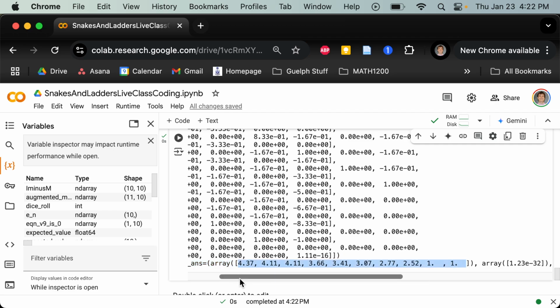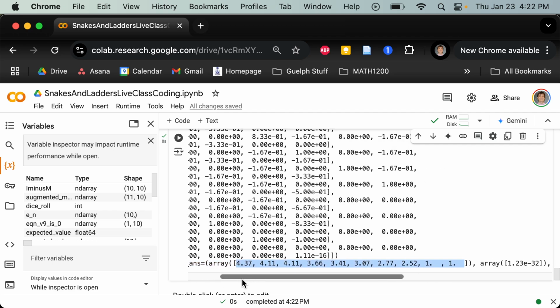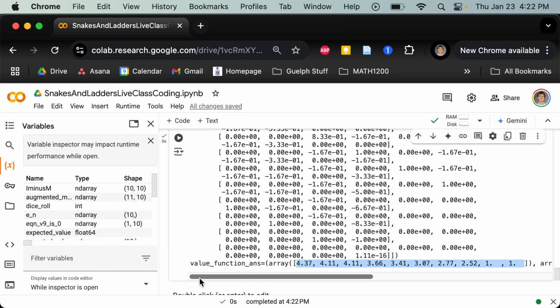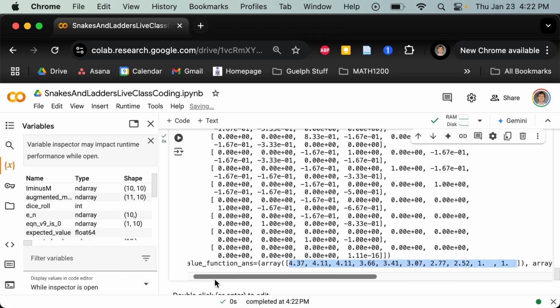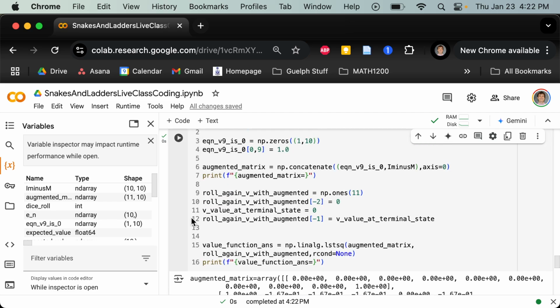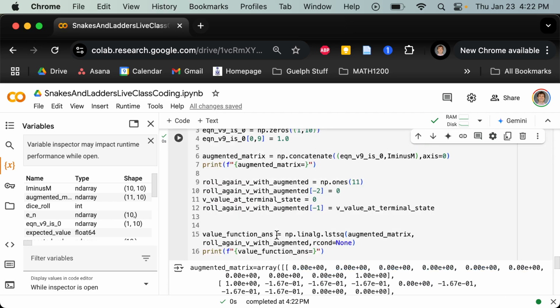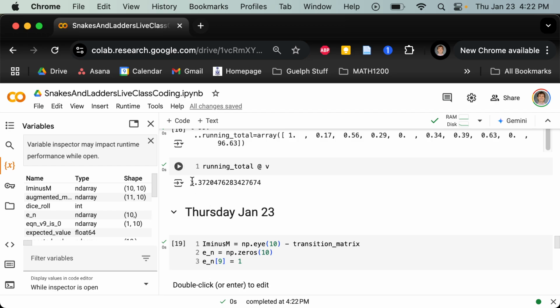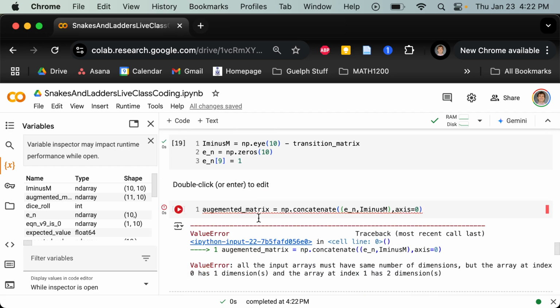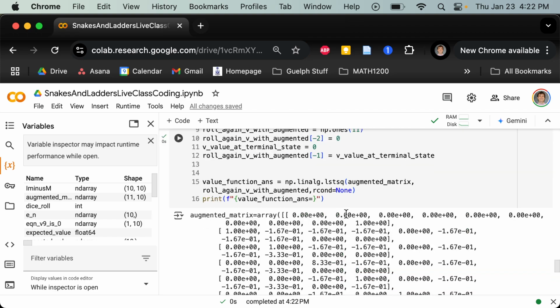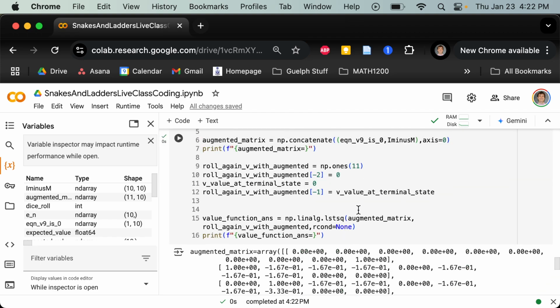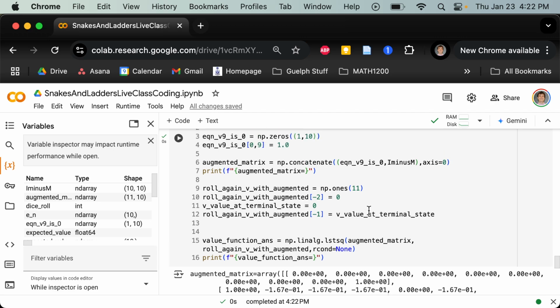It's a vector of the size that we want, and it should tell you the number of steps until you reach the end. One thing that's bothering me is it's off by 1. This is 4.37. The answer we were looking for was 3.37, so I must have done something silly where I'm adding 1. I can't figure out what that is.